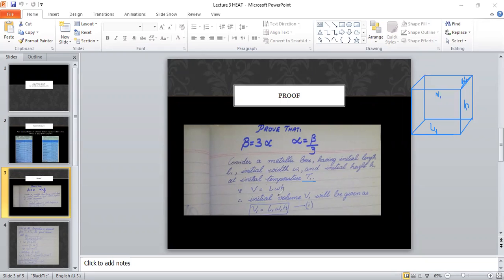And so the initial volume of this box would be V1 equals L1 W1 H1, which we take as equation number 1. Whenever you find an important equation, you must inbox it like this.